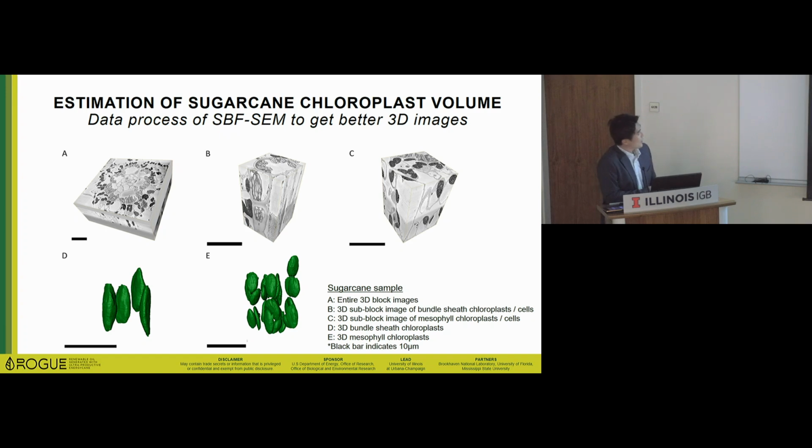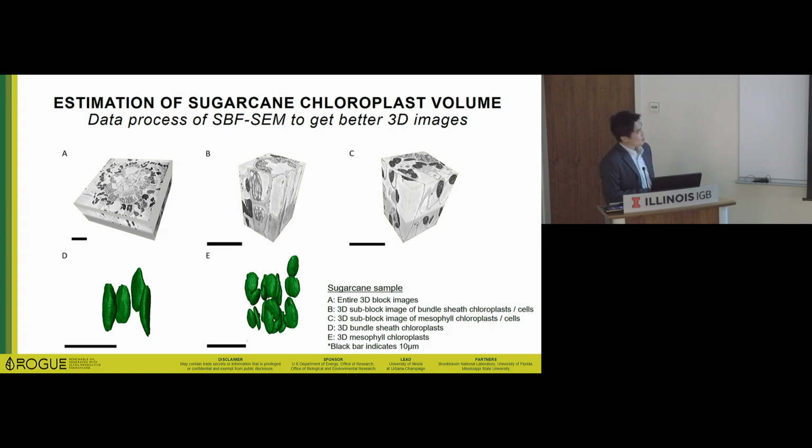Panel A shows the entire 3D block image, the raw data. This raw data is too big, with so much huge data, so we cannot process it. Based on your interests, we extract a sub-block, a sub-volume. Panel B shows the bundle sheath cell sub-block, and panel C shows the mesophyll cell chloroplast sub-block.